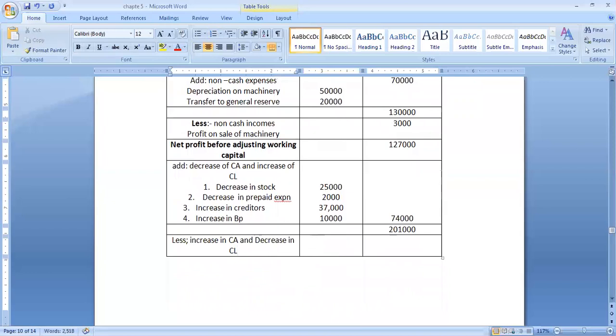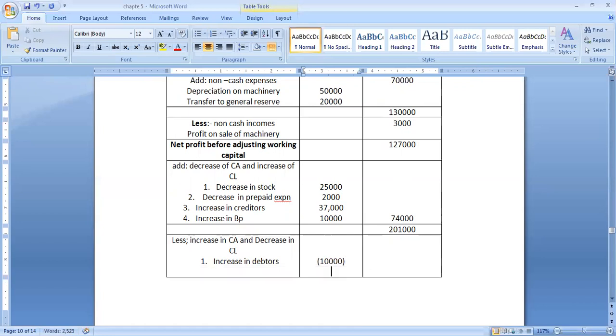So what is the transaction here you got? There is an increase in debtors. So what is the value of the increase in debtors? As it is the reduction value, write it in a bracket. Okay, 10,000.